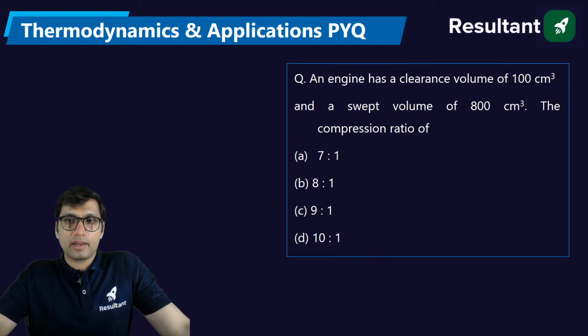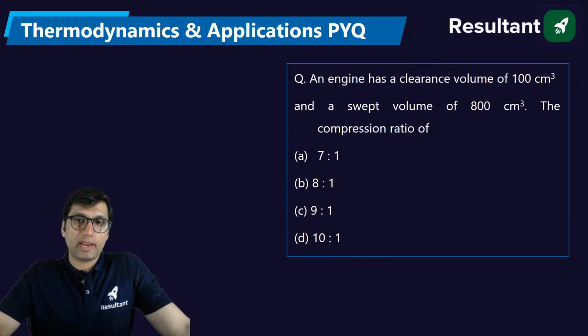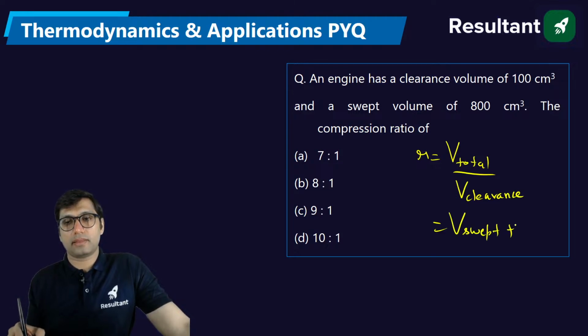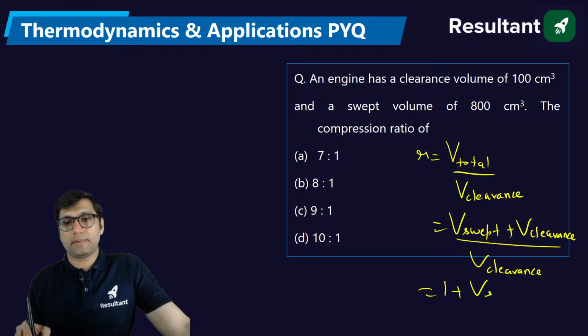An engine has a clearance volume of 100 and a swept volume of 800. The compression ratio will be? What is the formula for compression ratio? It is total volume divided by clearance volume. Total volume is basically the sum of swept volume plus clearance volume, divided by clearance volume, or it is equal to 1 plus swept volume divided by clearance volume.